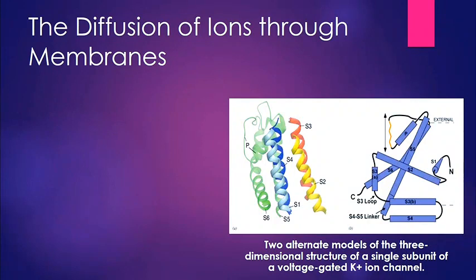So this figure shows the two alternate models of the three-dimensional structure of a single subunit of voltage-gated potassium ion channel.